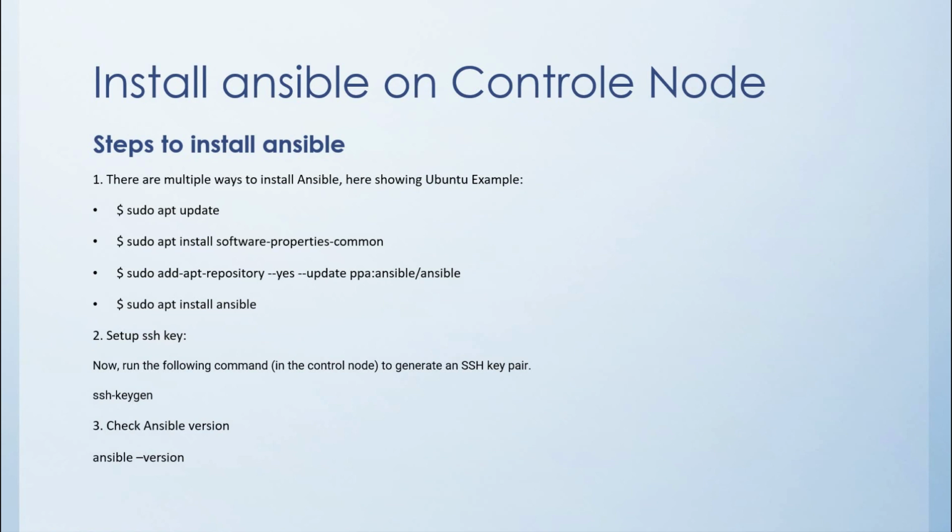Okay, guys. So what are the commands you need? You have to execute these commands: sudo apt update, sudo apt install software-properties-common, then add the Ansible repository, then install Ansible. After installing Ansible, you have to generate your SSH key so that you can authenticate to the managed node using the public key of the control node.